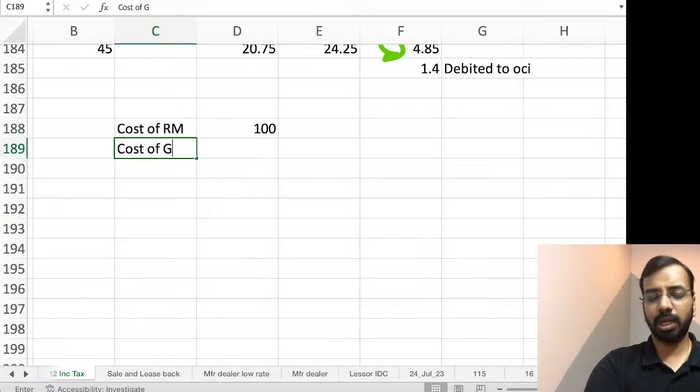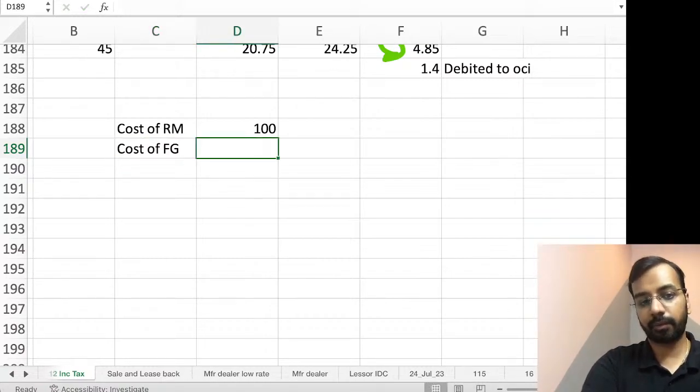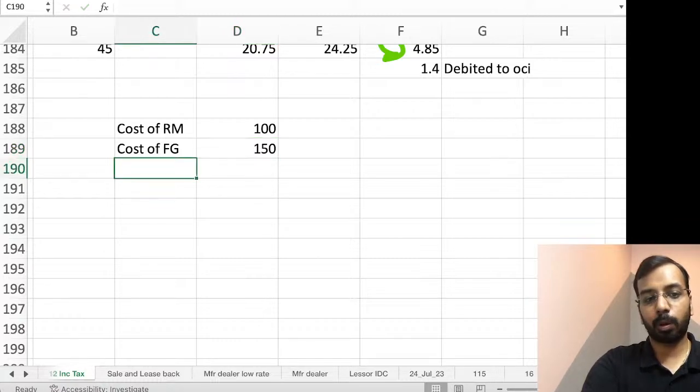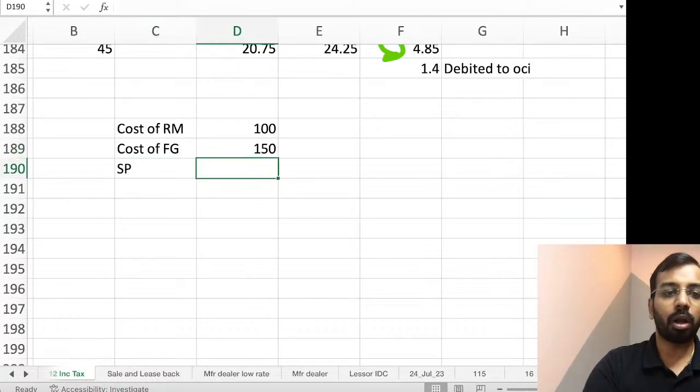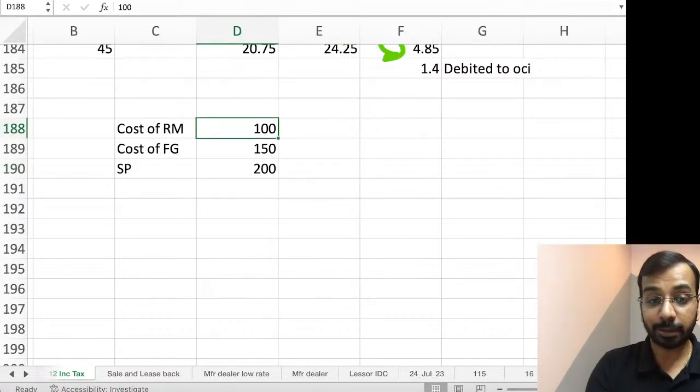Cost of finished goods, after considering all the material conversion and all of that, is 150. Selling price is 200. Now in this case, you will always value the raw material at cost only. Even if the replacement cost is 80 or 70 or 60 or 50, you will value it at cost only. That's the first thing.